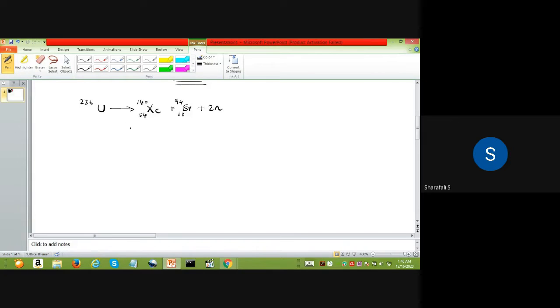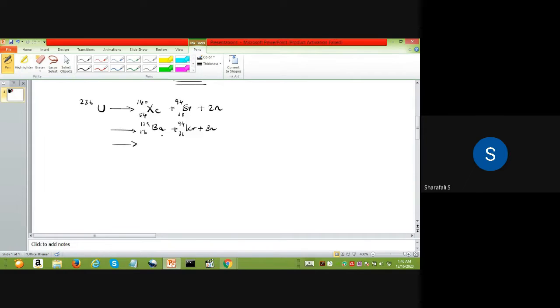Again, this can go through some other different reactions. So it is barium plus krypton, and we can see this is 139, this is 56 atomic number. Here we have 94 and 36, and this will be accompanied by 3 neutrons.